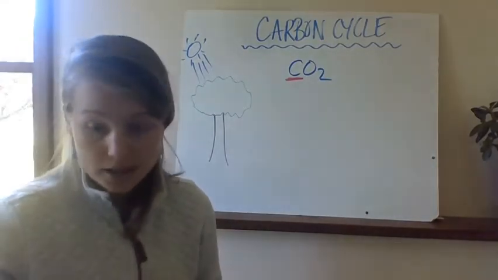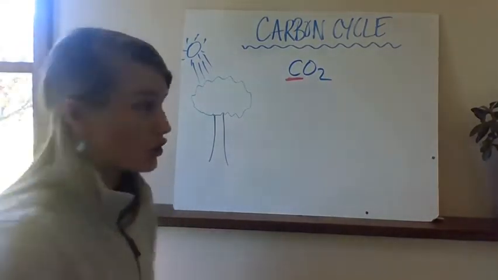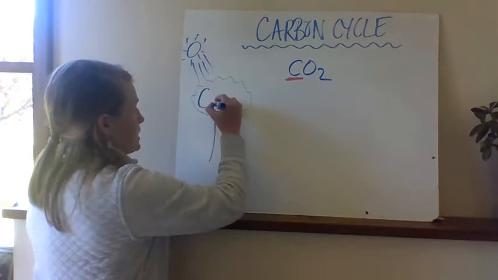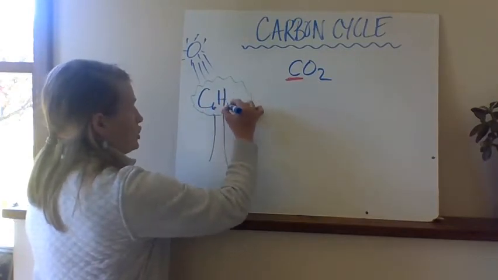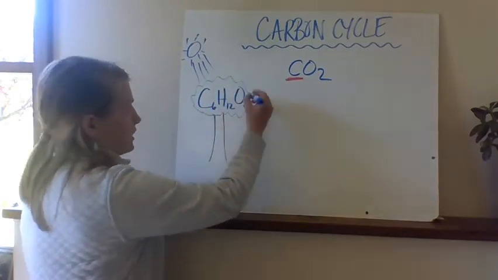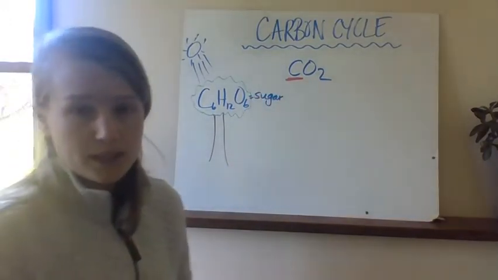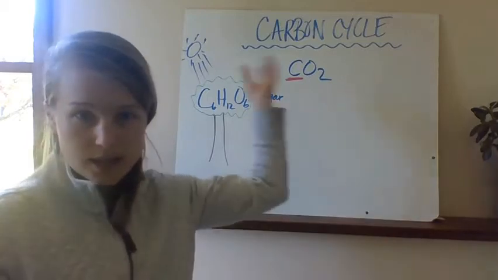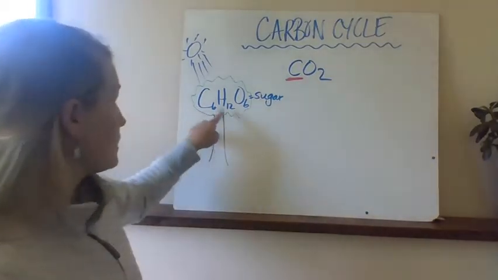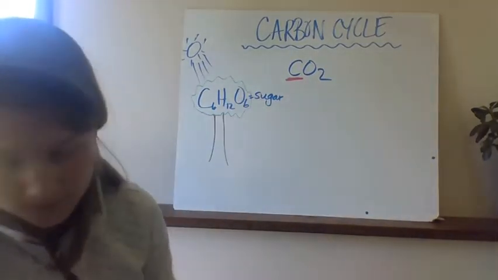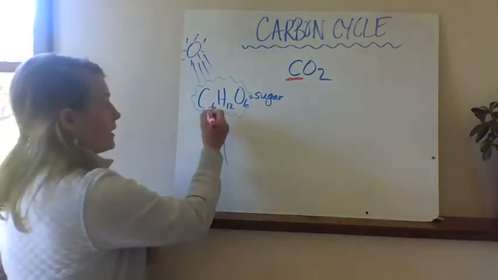The important part is that the formula for that sugar is actually C6H12O6. That means sugar. So the plant is able to take in the carbon dioxide, take in the sunlight, and make this sugar. And that's how the trees will end up growing.